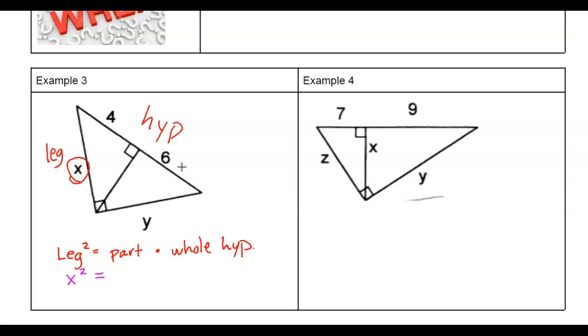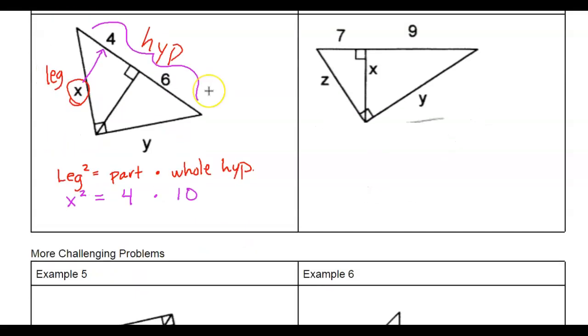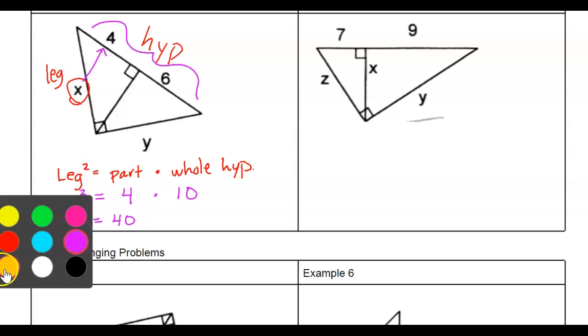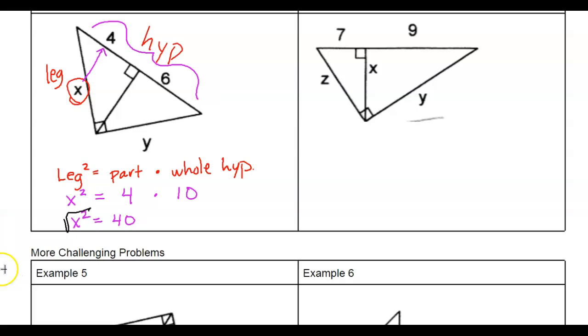It's the part that's by the leg, so 4, times the whole hypotenuse, which is 4 plus 6. Okay? So make sure you're using the right values in your formula. So we get x squared equals 40, and then we'll want to take the square root.